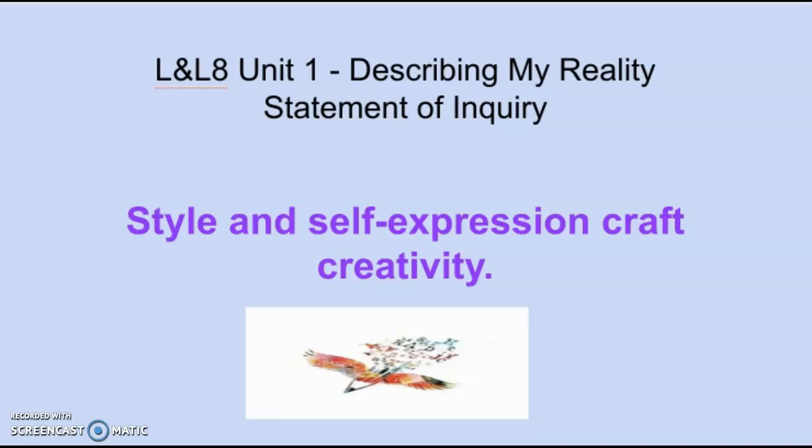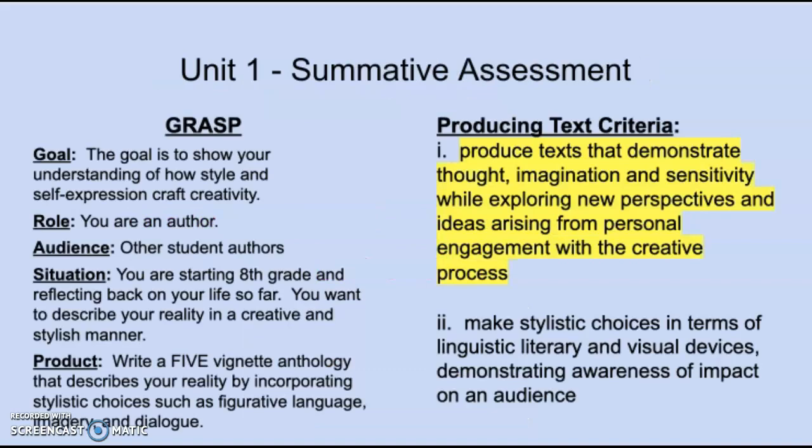You may recall from the introduction to the unit that our statement of inquiry is style and self-expression, craft, creativity. Two parts of the summative assessment are the GRASP and the criteria.